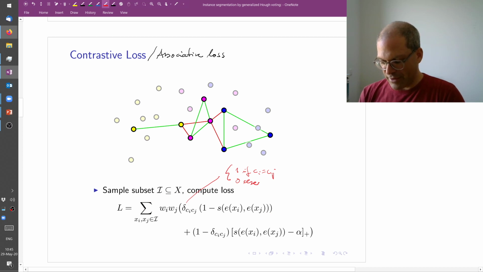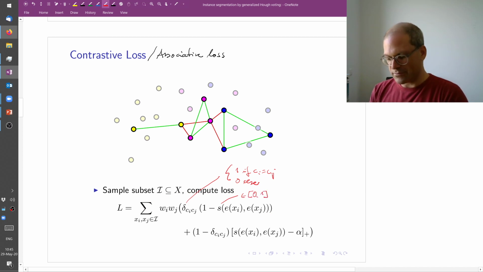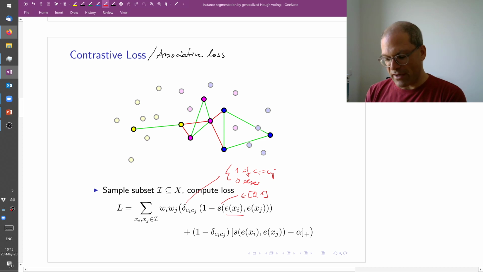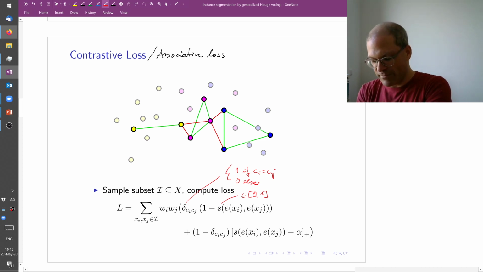And we have here the similarity, which is here assumed to be between 0 and 1. And E of xi, that's the embedding associated with xi. E of xj is the embedding associated with xj.